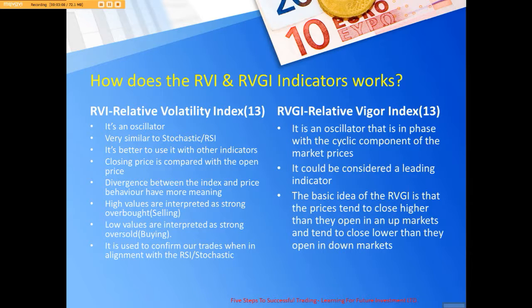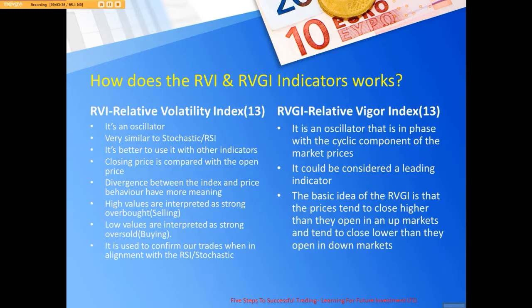High values are interpreted as strong, overbought, meaning selling. Low values are interpreted as strong, oversold, meaning you should be buying. Okay, and then it's used to confirm our trades when in alignment with the stochastic RSI. The RSI is just the relative strength index, and I'm using the stochastic RSI indicator.